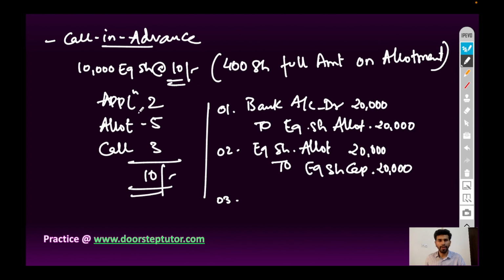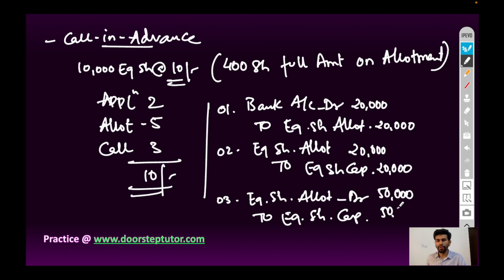The third entry will be on allotment money due, 10,000 equity shares into 5 rupees each. So the entry will be equity share allotment account debit 50,000 to equity share capital account 50,000 rupees.